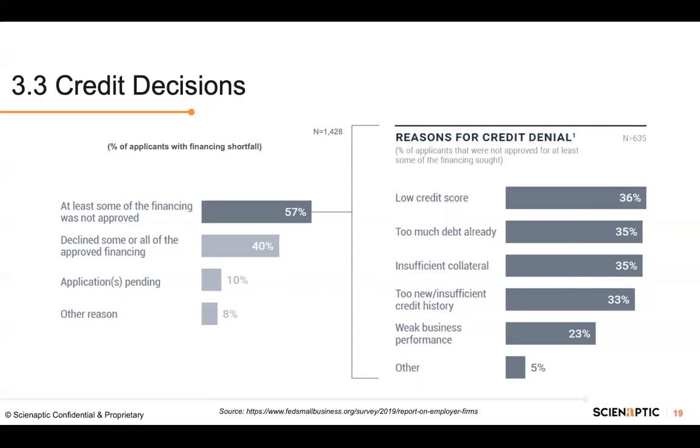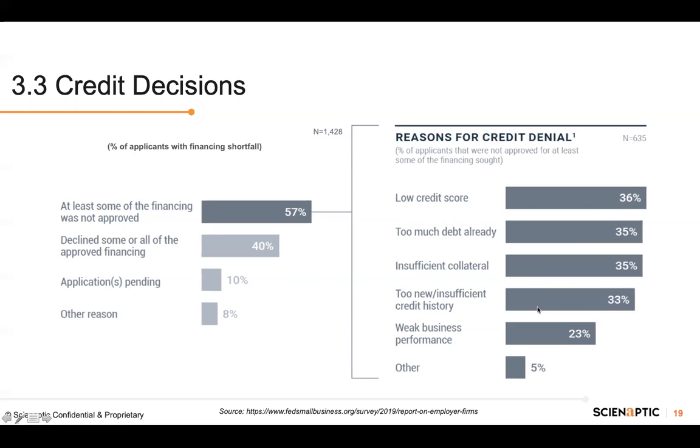And there were another 40% who saw a decline in some or all of their required financing. But if we zoom into the ones who did not get some or all of their funding, which is 57%, the biggest reason for credit denial by the financial institution tops out to be the low credit score, followed by too much debt and so on.